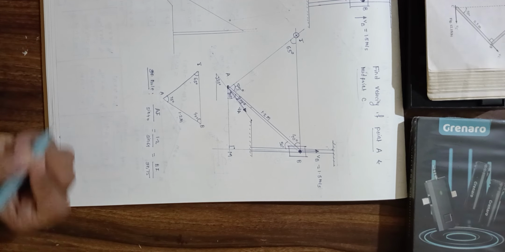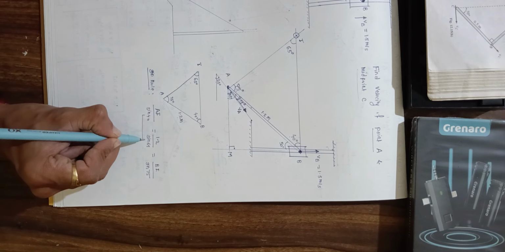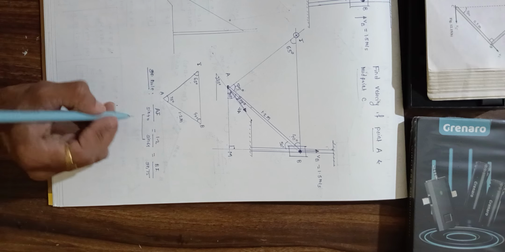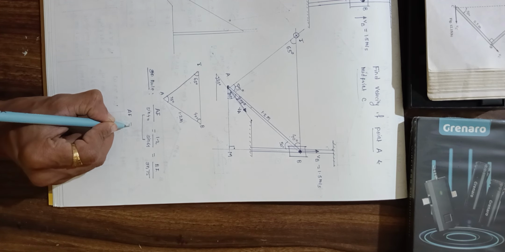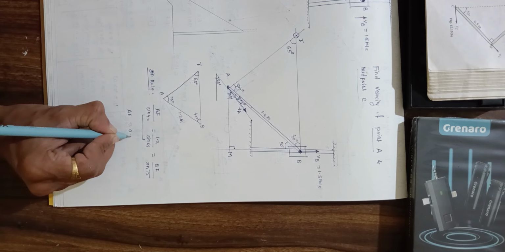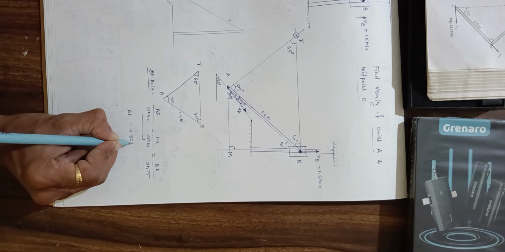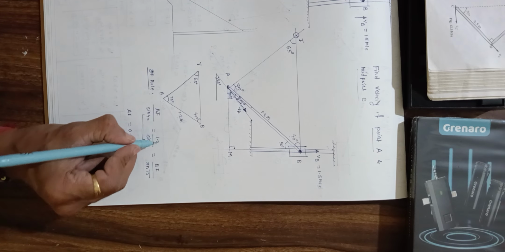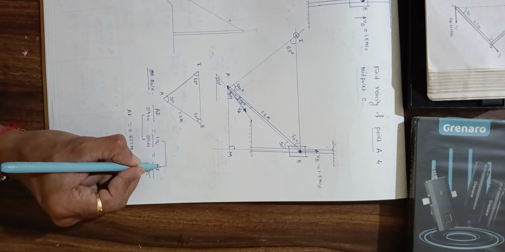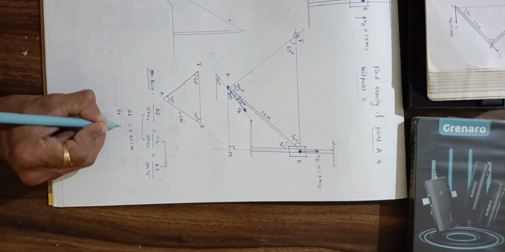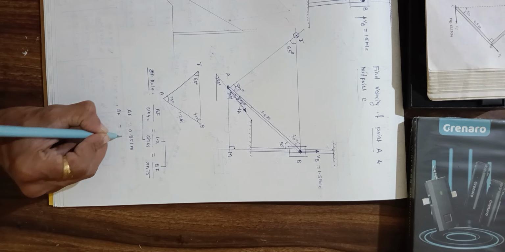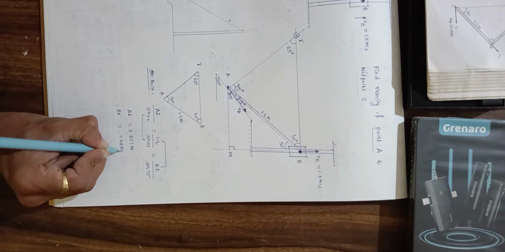Now consider the first two terms, do the cross multiplication and find the distance AI. So the distance AI is 0.851 meter. Consider the last two terms and do the cross multiplication to find distance BI. This is equal to 1.28 meter.